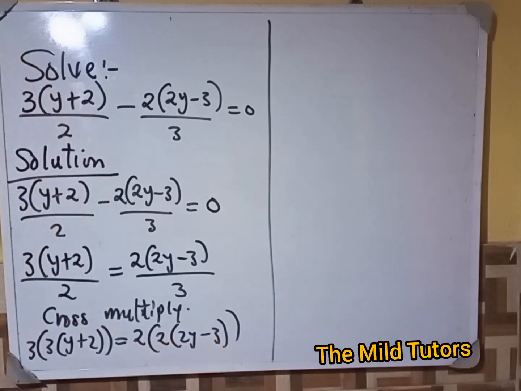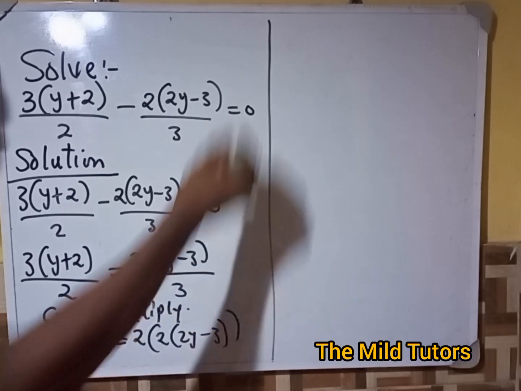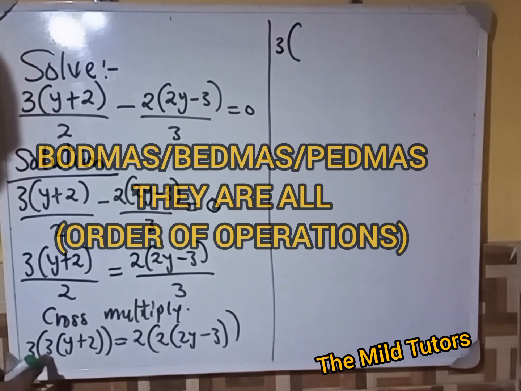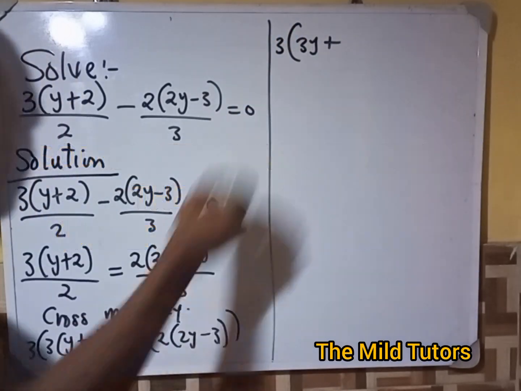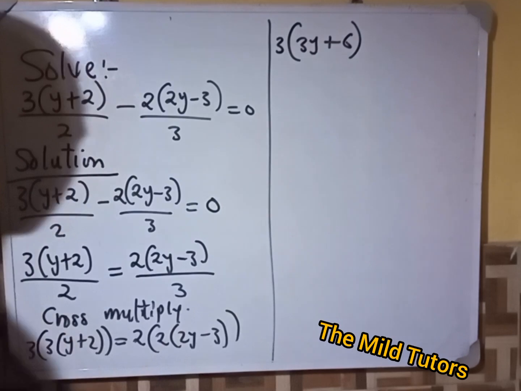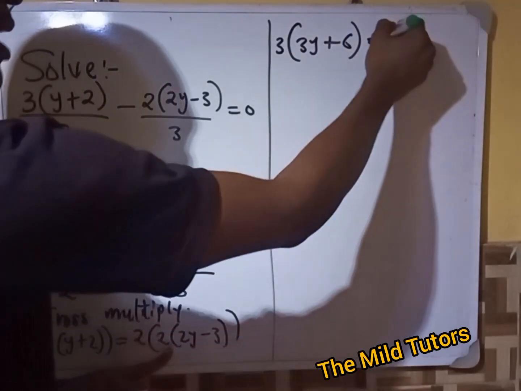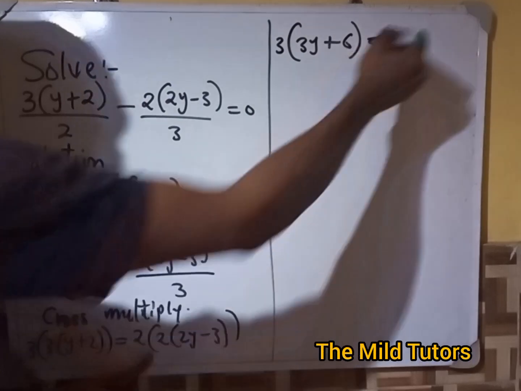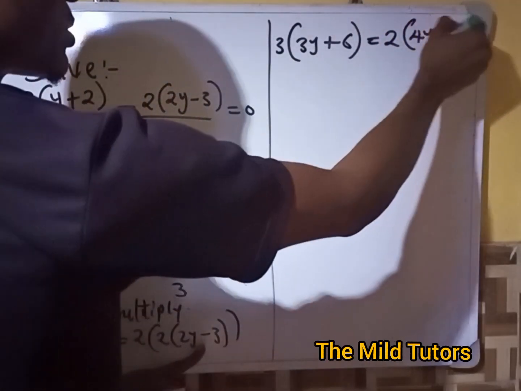Now if you check, you'll notice that we have brackets inside the bracket, and according to the law of BODMAS or order of operations, you have to treat the inner bracket first. So we are using 3 to open that inner bracket, then we are using 2 to open the inner bracket. Okay, you'll notice that the 3 outside and the 2 outside are still being repeated.